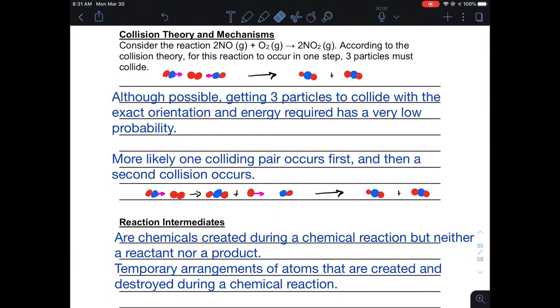So more likely we get some sort of intermediate stage, where the particles are in some sort of higher energy state, but maybe even a little bit of a stable state. So here we have one nitrogen dioxide, one nitrogen monoxide, and a free oxygen.